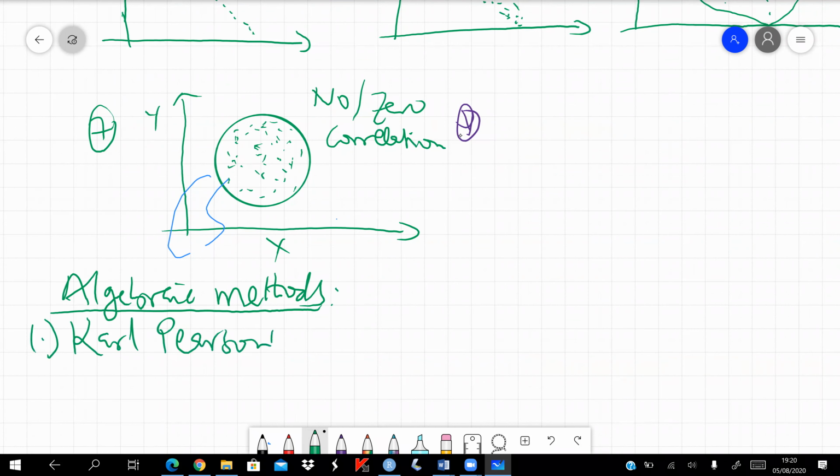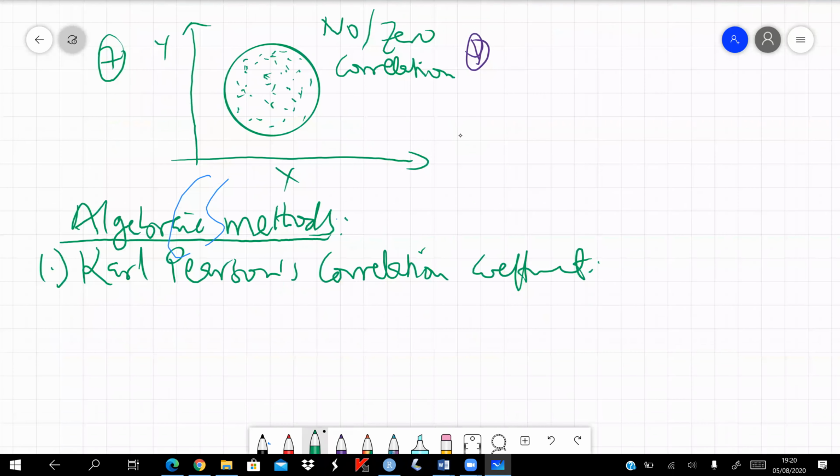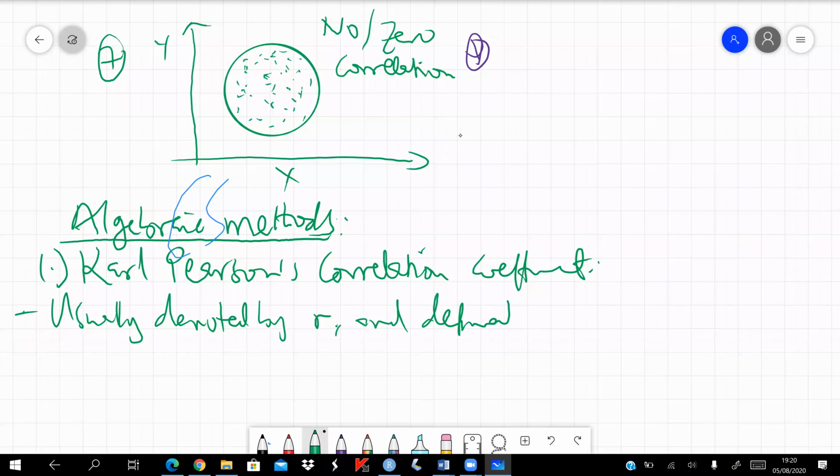Karl Pearson's correlation coefficient. We say that this is usually denoted by small letter r, defined by this.